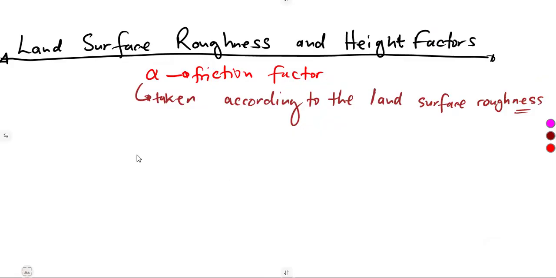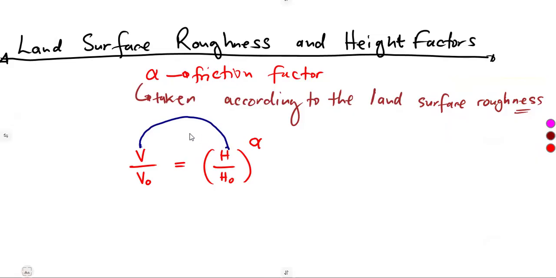So it follows that V over V naught is equal to H over H naught, everything to the exponent of alpha, which is the friction factor. So this formula simply states that the V that we see on top corresponds with the height that we see on top, which is at a given distance, that is, the height of the turbine or the hub height.